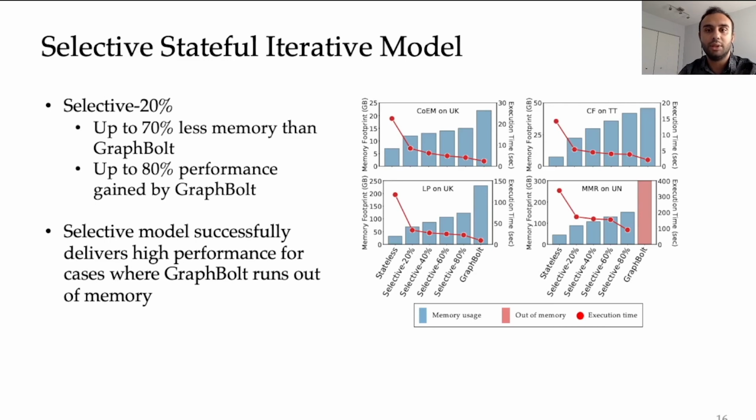This is mainly because of our highest degree-based tracking strategy that prioritizes tracking of those intermediate values that are expected to be most useful. We also observed cases where GraphBolt ran out of memory, but our Selective Stateful Iterative Model successfully executed and delivered faster results than the stateless execution. I'm showing one such case here with the red bar.